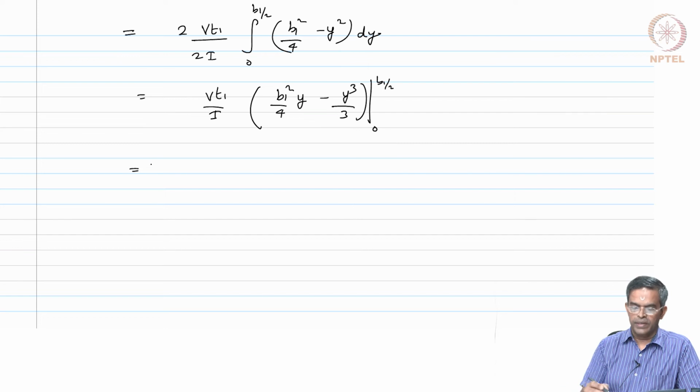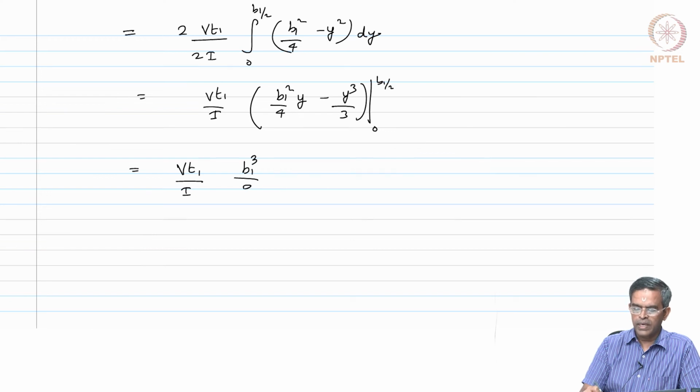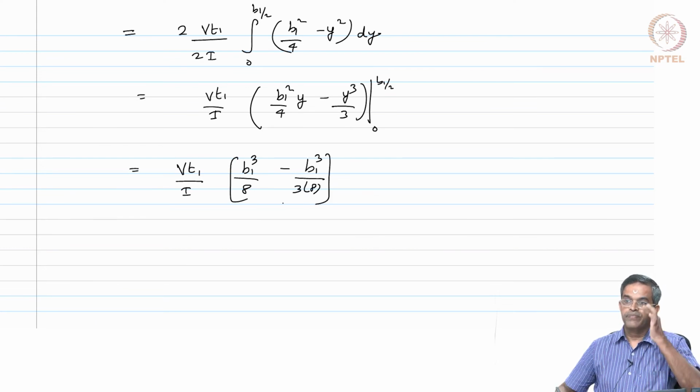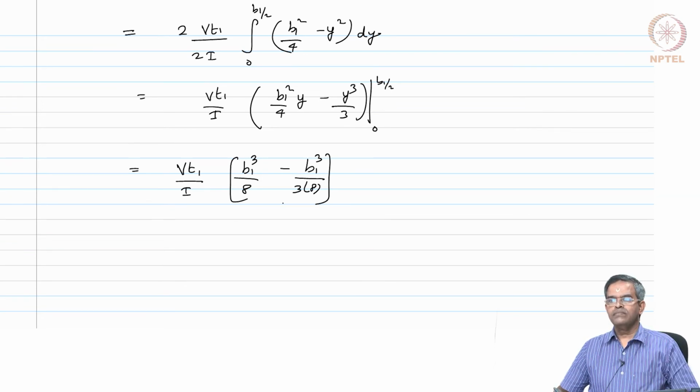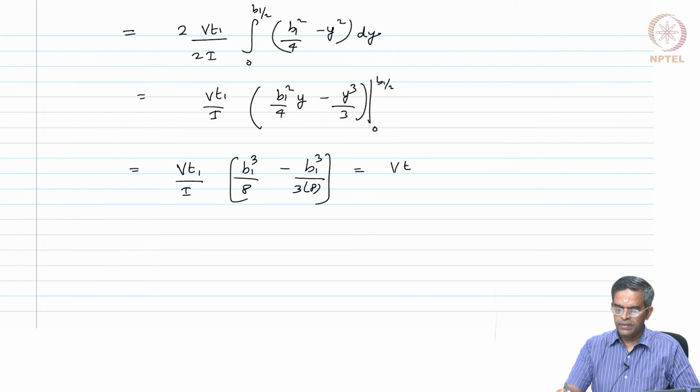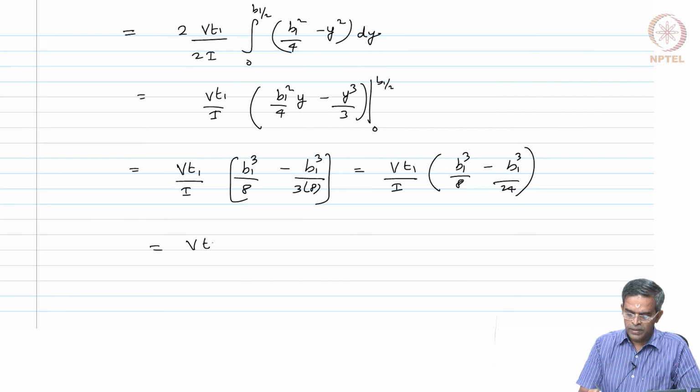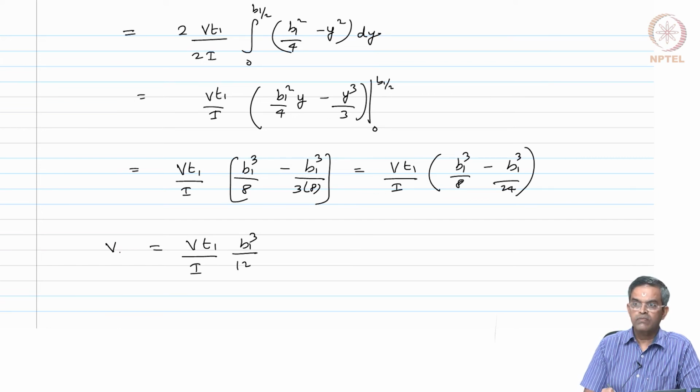Substituting, we get V T1 by I, B1 cube by 8 minus B1 cube by 3 times of 8, which will be V T1 by I, B1 cube by 8 minus B1 cube by 24, which will be V T1 by I, B1 cube by 12, which is V1, okay.